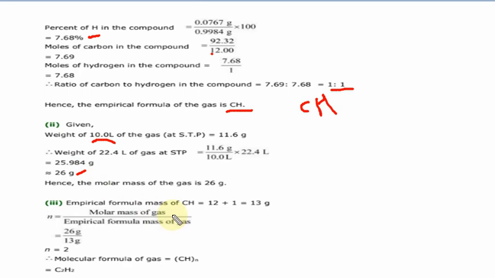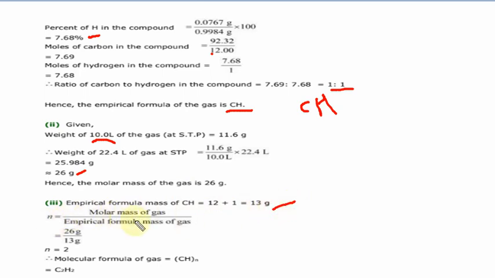Next we have to find the molecular formula for this given compound. For calculating it, what will we do here? We will first find the empirical formula mass, that is 12 for carbon and 1 for hydrogen, which is 13 grams.